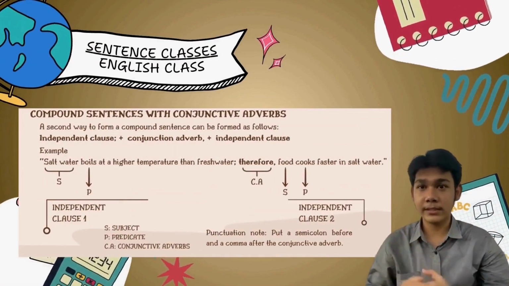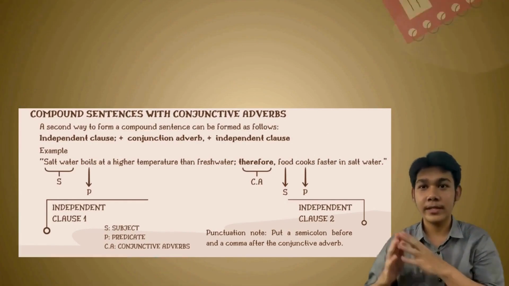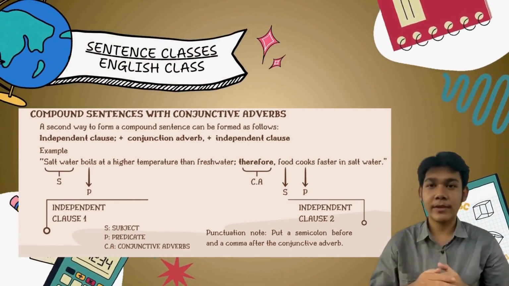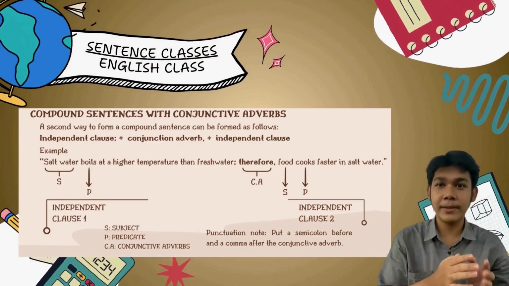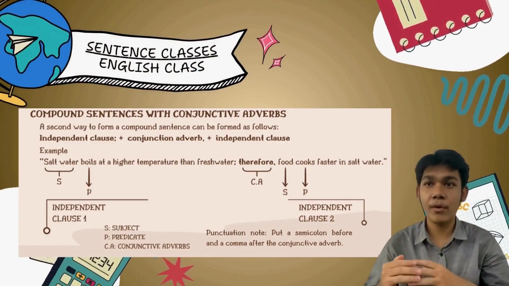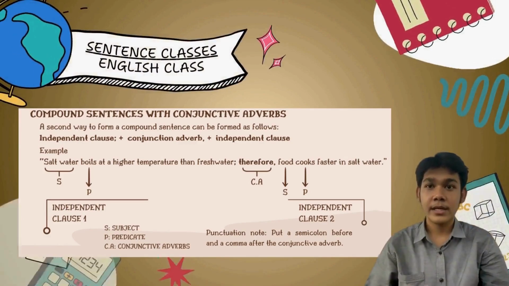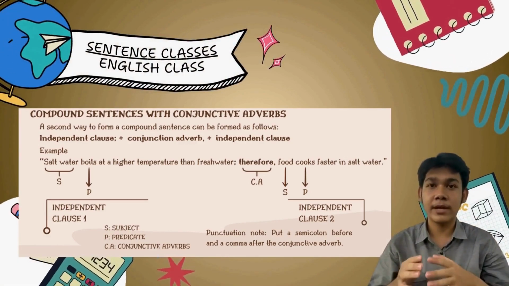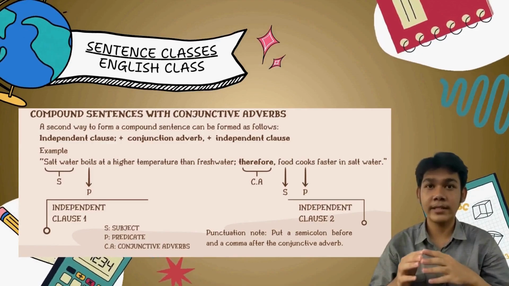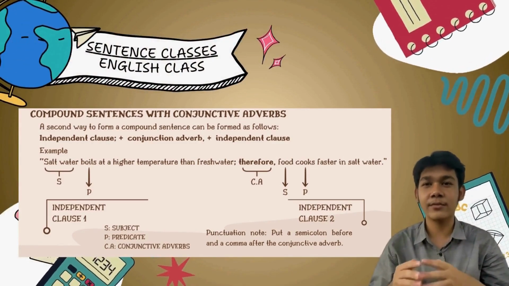Compound sentences with conjunctive adverbs can be formed as follows: independent clause, conjunctive adverb, and independent clause again. For example, salt water boils at a higher temperature than fresh water; there is a semicolon after that; therefore, food cooks faster in salt water.